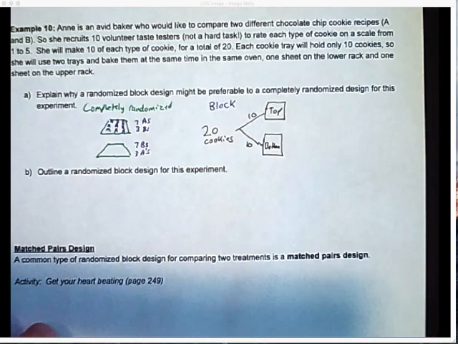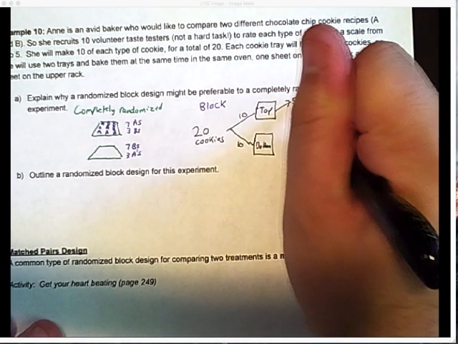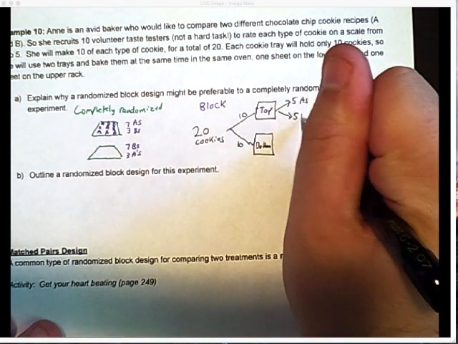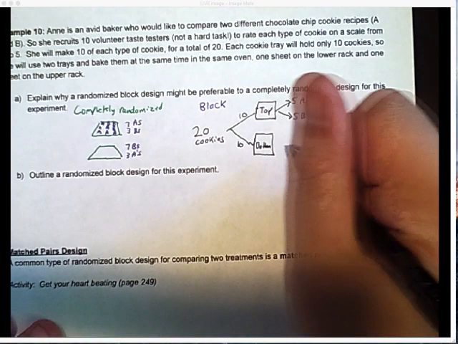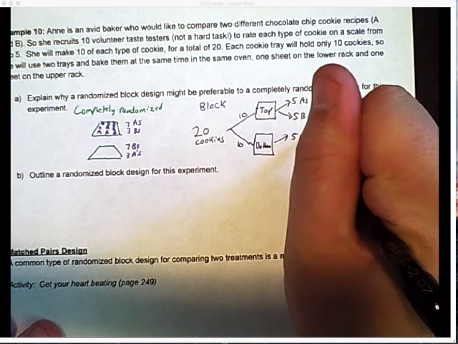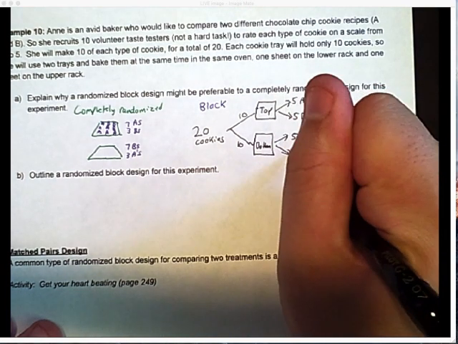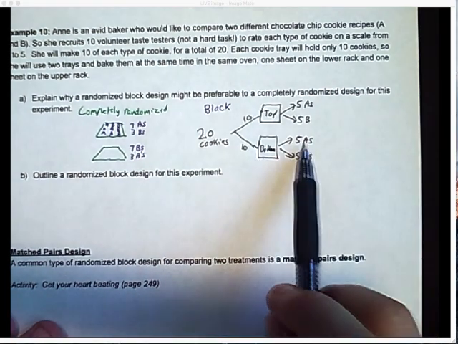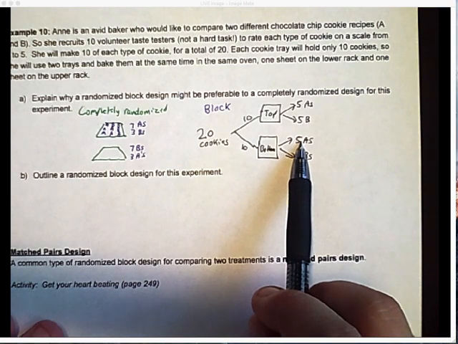But then we could say, okay, we're going to make sure that we have 5 of cookie type A and 5 of cookie type B. And then we could get 5 on the bottom shelf. We would put 5 A's and 5 B's. That way you have the same number that are cooking.